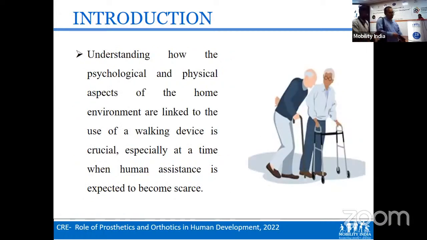Understanding how the psychological and physical aspects of the home environment are linked to the use of a walking device is crucial, especially at a time when human assistance is expected to become scarce.